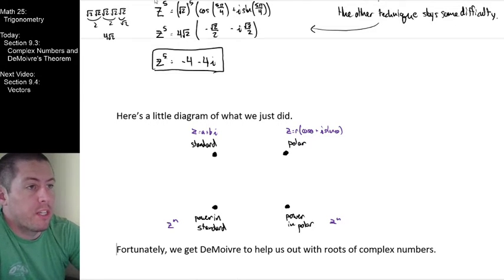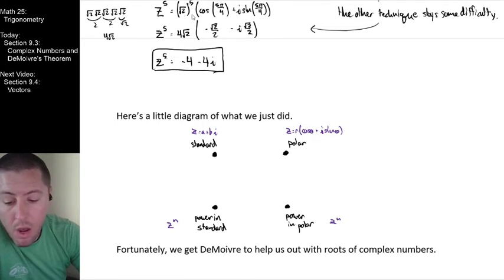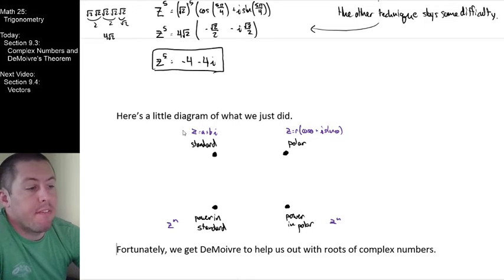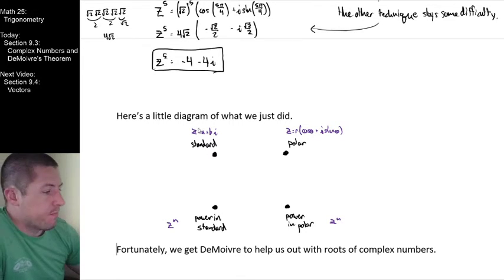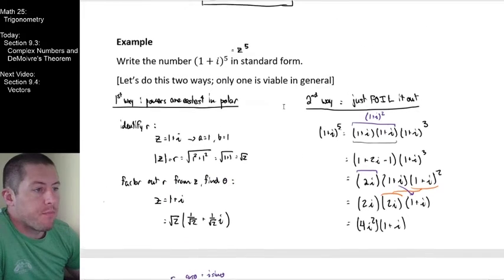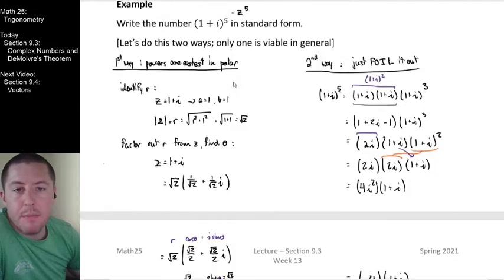So here's really what just happened. What we wanted to do is we were given a number in standard form, right? We were given 1 plus i, and we wanted to take its power.